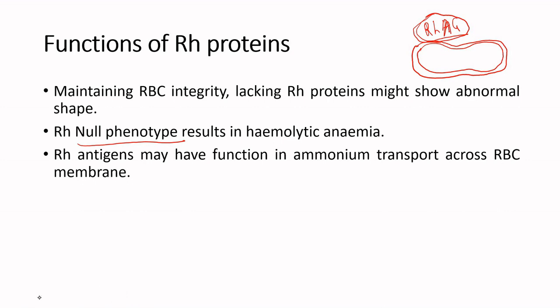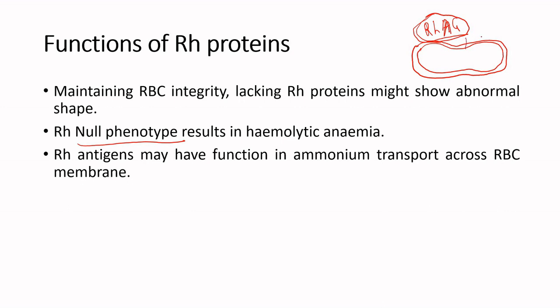Rh antigens may also have a function in ammonium transport across the RBC membrane. Because of the use of RBCs in blood transportation, these RBCs also accumulate certain waste ions. Those ions need to be transported.